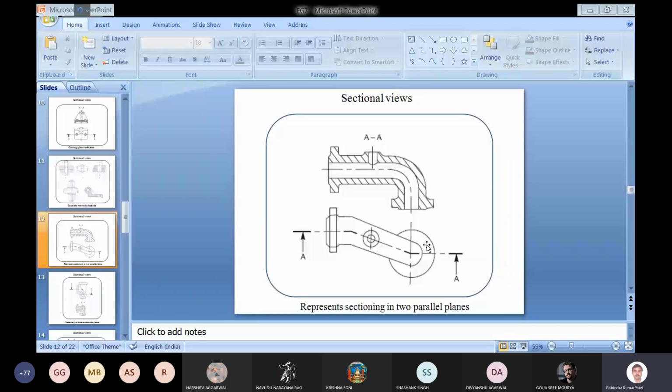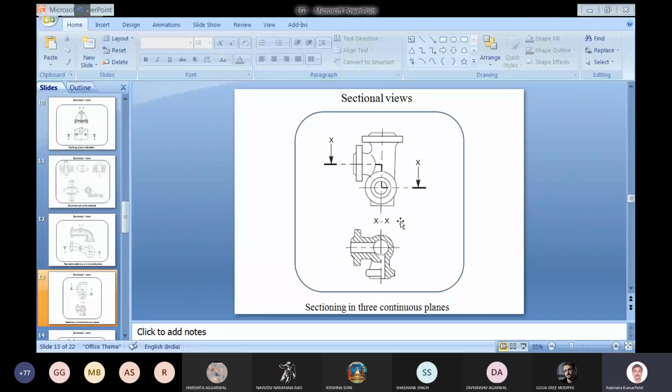Here is another part which has three cutting planes, and two cutting planes are parallel in it, and we can show the section like this. Here similar sections are there. So three cutting planes are there, and we can show the sectional view.